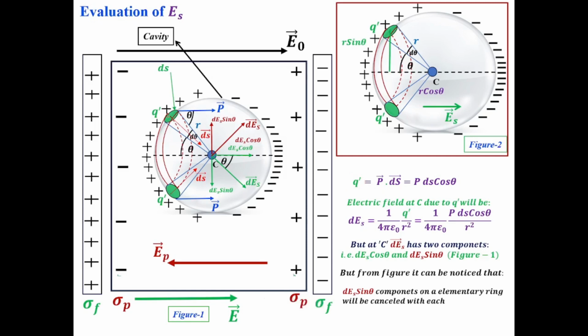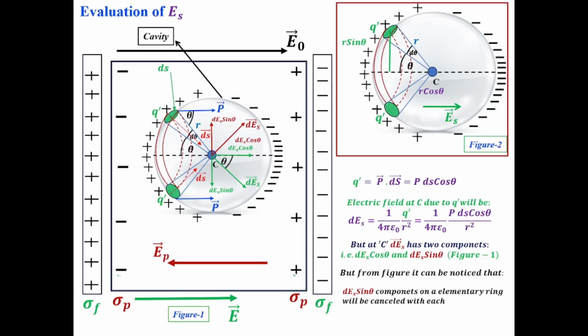If this is dS, this surface vector or area vector is along this direction, this is the dS vector, and this one is your P vector. So the angle between them is theta. So q dash, the charge on this small surface dS, will be P dot dS. We have already discussed this in topic number 3.